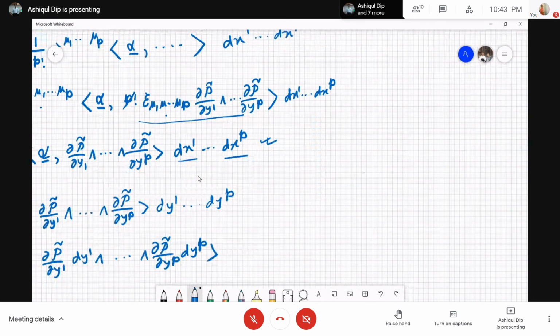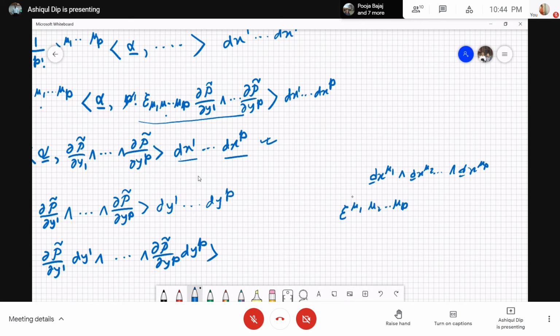When I have dx mu1 with dx mu2, up to dx mu p, it is E mu1, mu2 up to mu p that handles the sequence. Then is it dx1 with dx2 with dxp? Because there is no sum among those indices, there shouldn't be a p factorial over there.